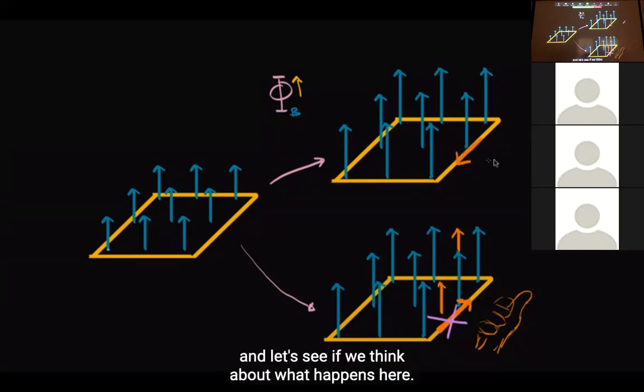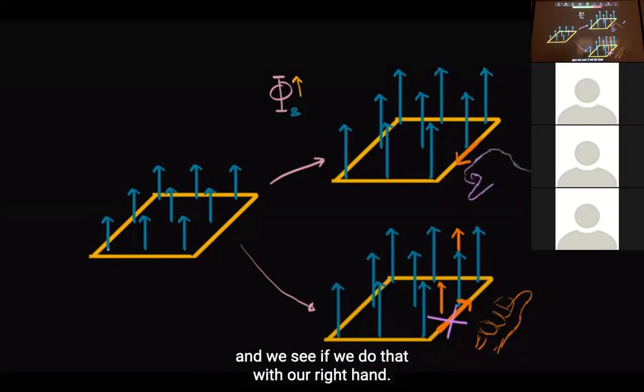Let's think about what happens here. We can do the right hand rule again. We take our right hand, point our thumb in the direction of the current, and we see that this would induce a magnetic field that would decrease the flux.